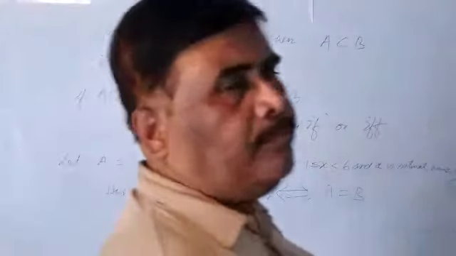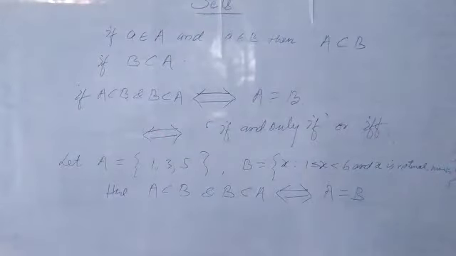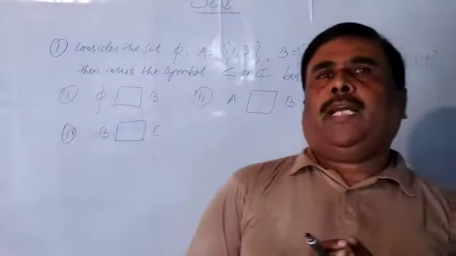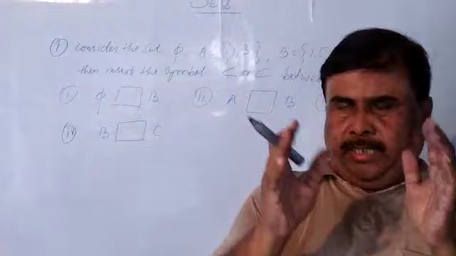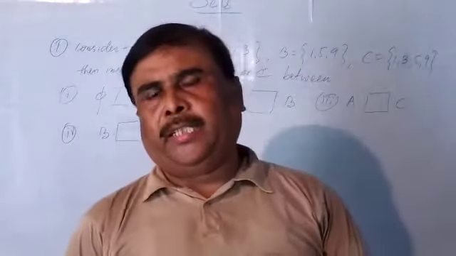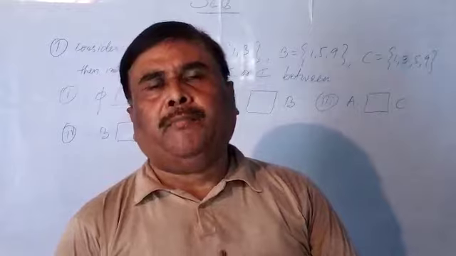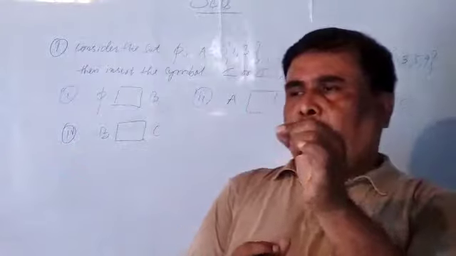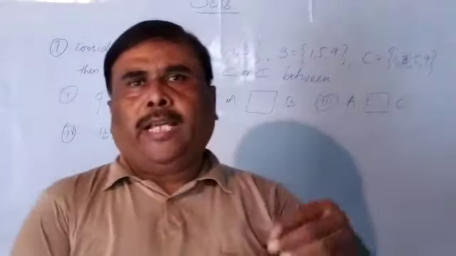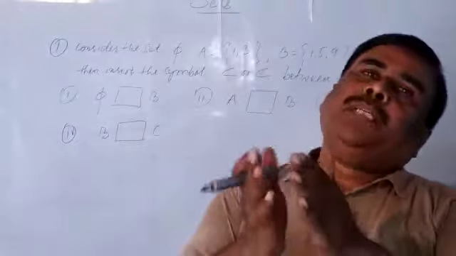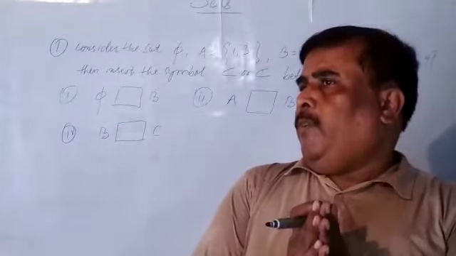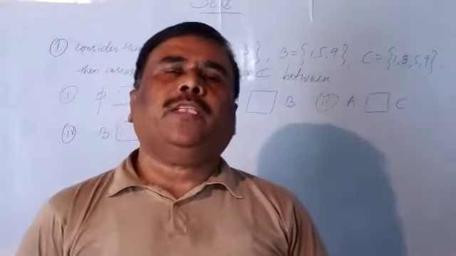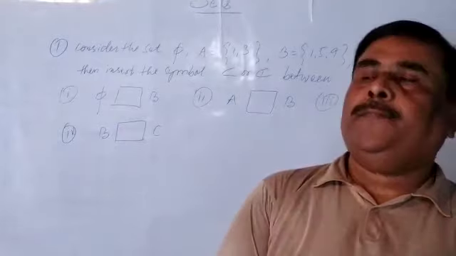Note down. Here we conclude that if a is an element of A and a is also an element of B, then A is a subset of B. Similarly, if b is an element of B and also of A, then B is a subset of A. Each and every set is also a subset of itself, right?